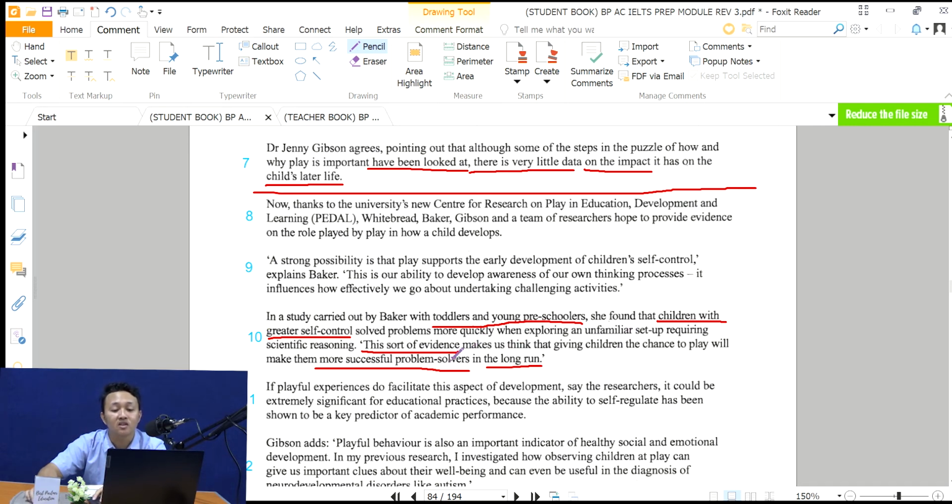Okay, so it says it clearly. So I don't think that's a big problem for you to find it. Okay, but again, be careful with the keywords, okay? Because maybe the keywords are there, but the information is not. So that's why you need to read it again, cross-check again.